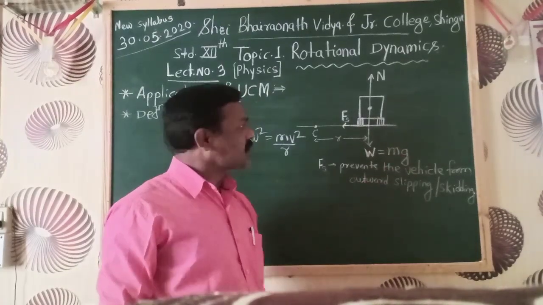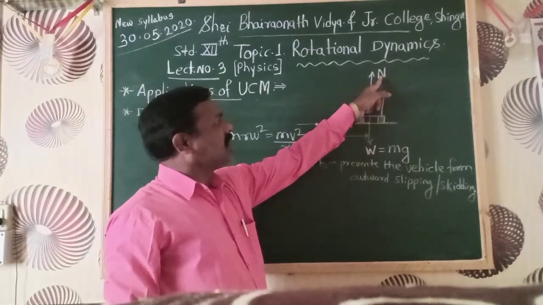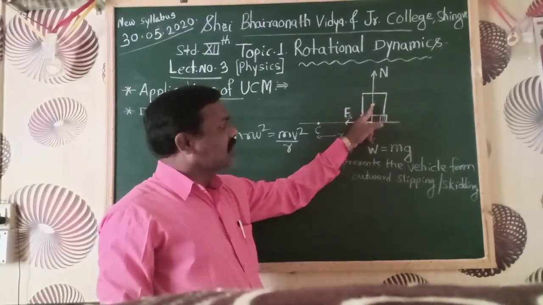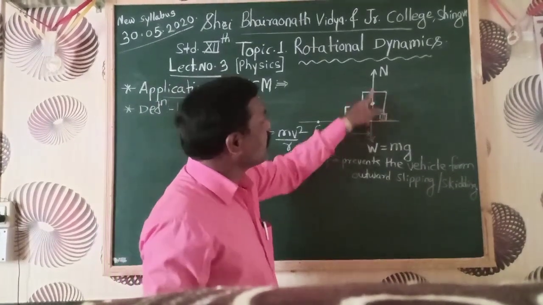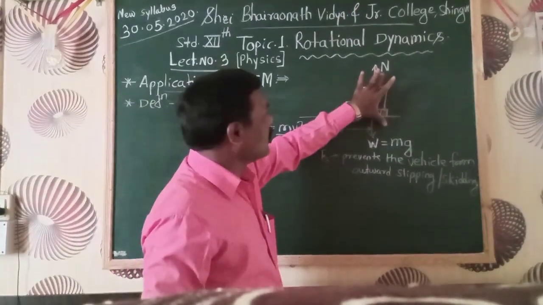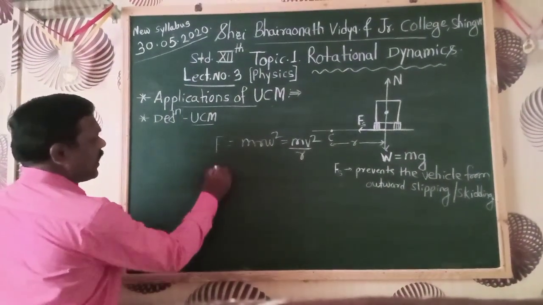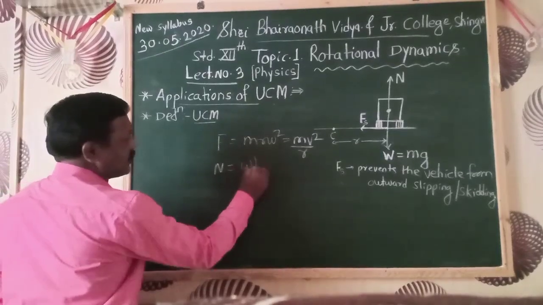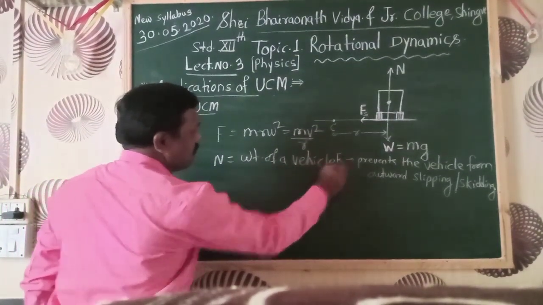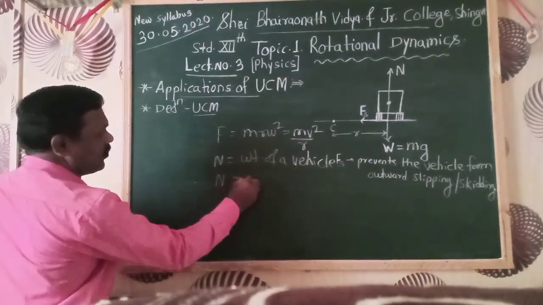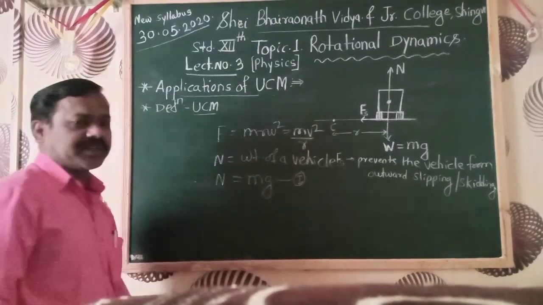And the second force is the normal reaction N, exerted on the vehicle from the center of gravity of the body vertically upward. Both balance each other. Then we can write normal reaction N equal to the weight of the vehicle. Therefore, N equal to the weight of the body mg. Suppose this is equation number 1.